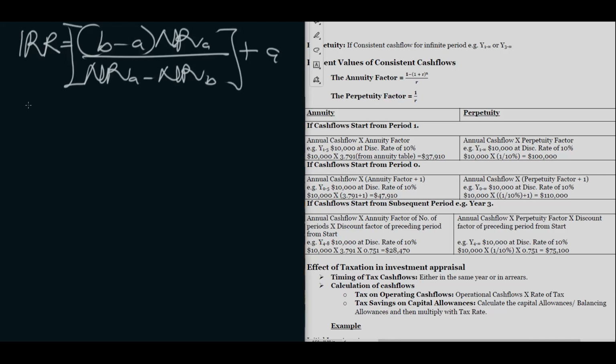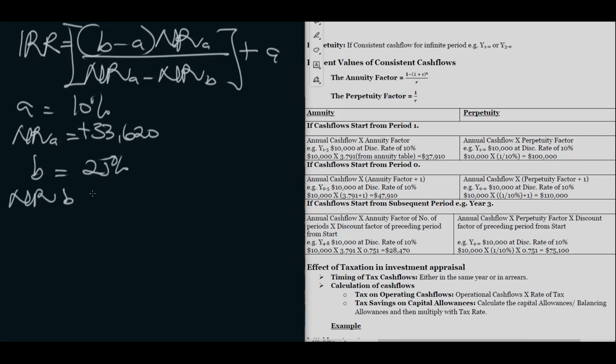My A was 10%, and the NPV of A was 33,620 positive. B was 25%, and the NPV of B was negative 590.